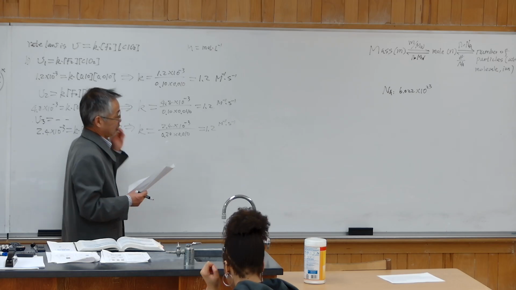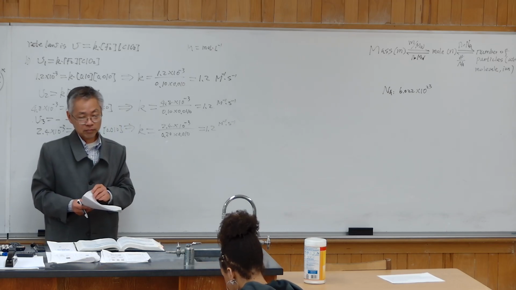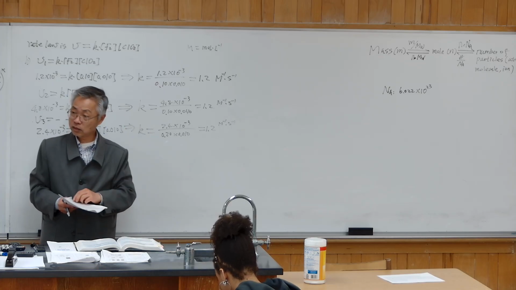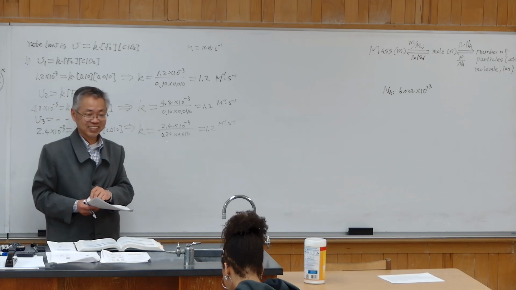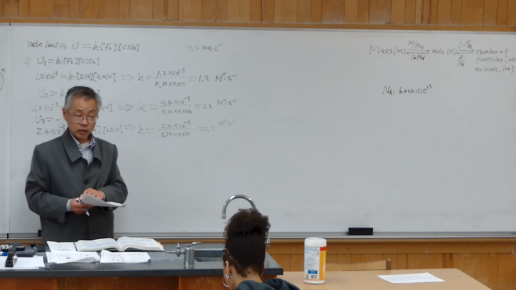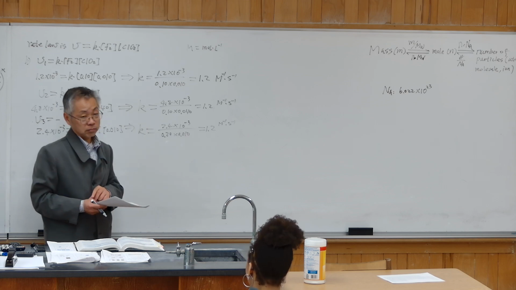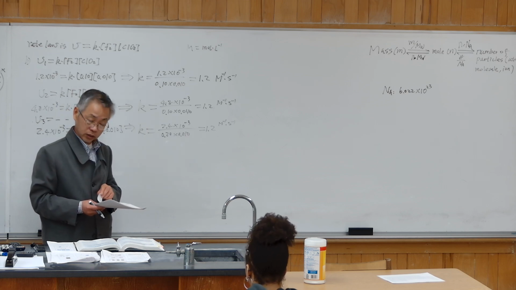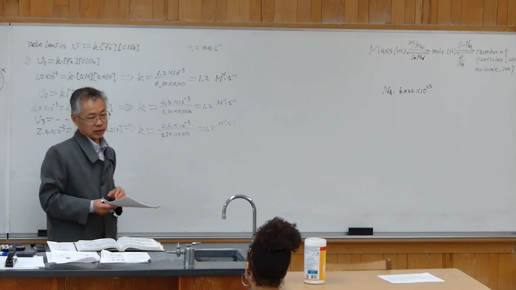This number is not from an actual experiment. Just to make things easier, we just create a number that gives you exactly the same. Again, if you run an actual experiment, the k you calculated would not be exactly the same, but very close to a value, and this is the rate constant.